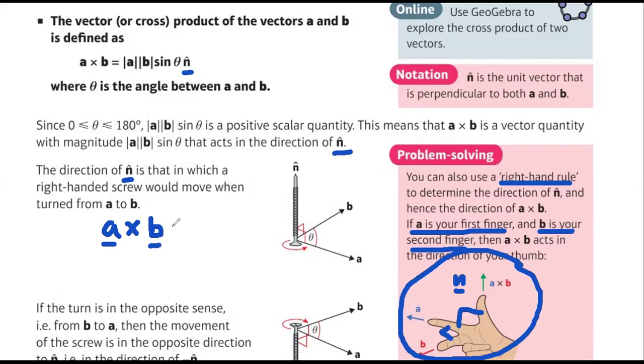A cross B, then the answer is modulus of A, modulus of B and sine theta.